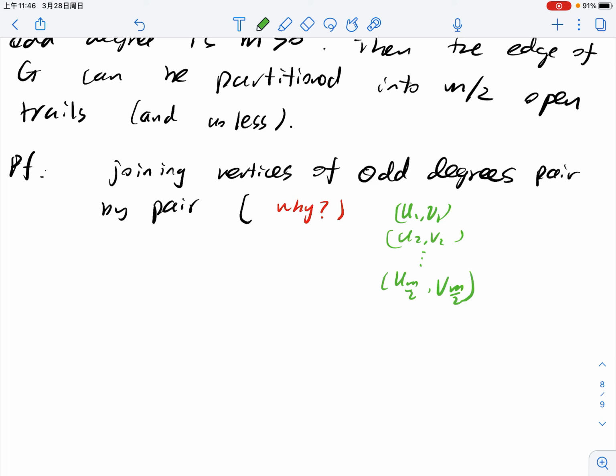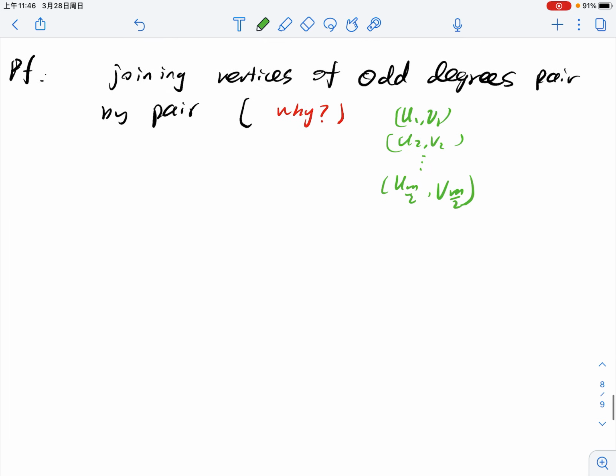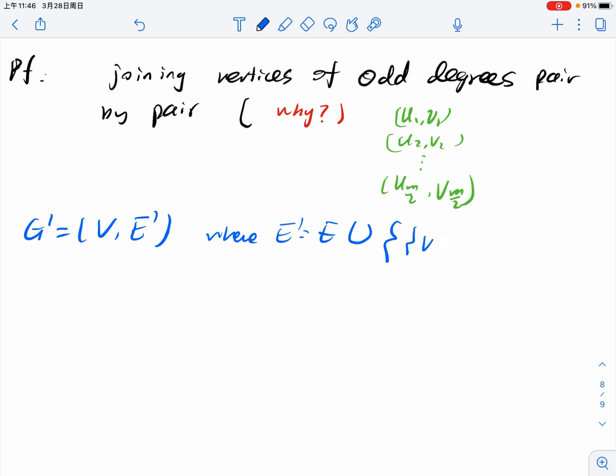So m must be even. Okay, then let G prime be (V, E prime), where E prime is E union U1 V1, U2 V2, up to UM over 2 VM over 2.